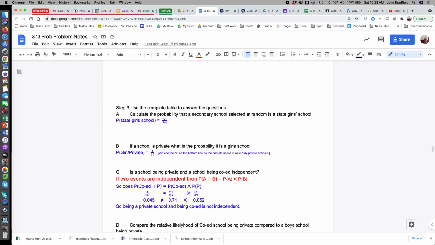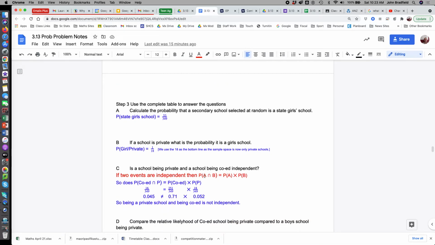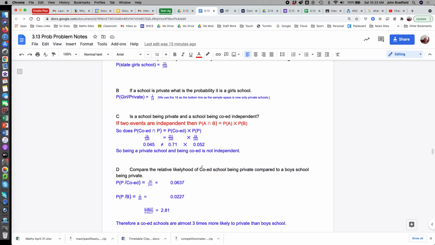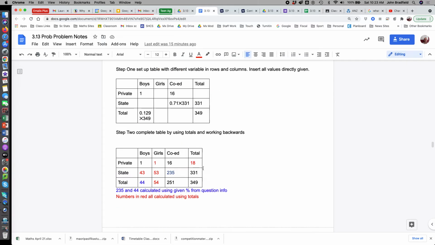Are they independent? Now, this formula that we saw earlier comes up. If they're independent, we can multiply one probability times another and we can find the intersection. Now, the good thing is intersections are on the table. So is being private and being co-ed independent, or does that impact likelihood?